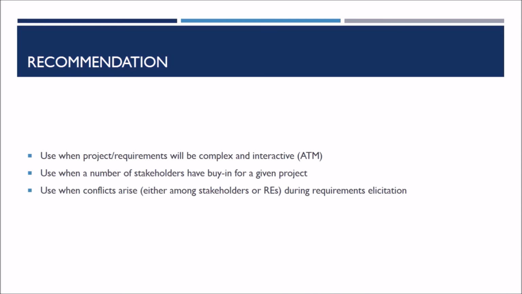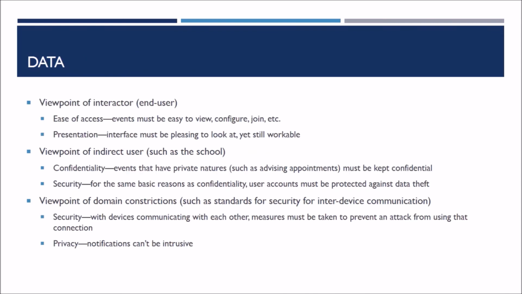Now, as for the data for the actual project that we are working on in this class, from the interactor's point of view, the end user, if you will, they're looking at ease of access. The calendar app has to be easy to use. If it's too difficult, why download it? There's no point.